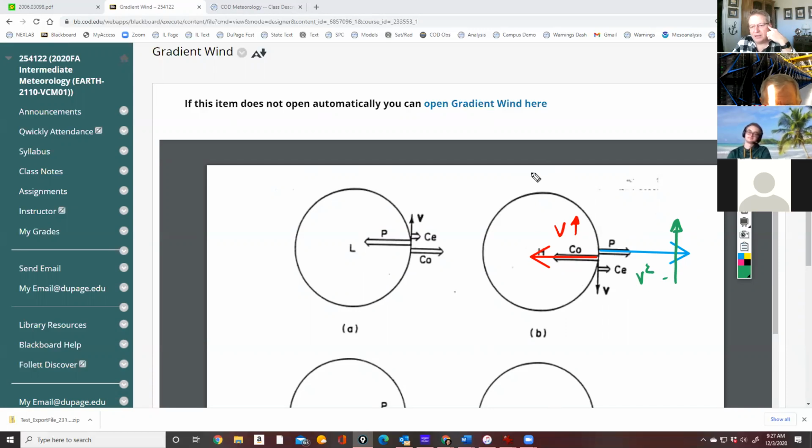Well, if the velocity is minus b plus or minus the square root of b squared minus 4ac all over 2a, then I know that b squared must be larger than the magnitude of 4ac.